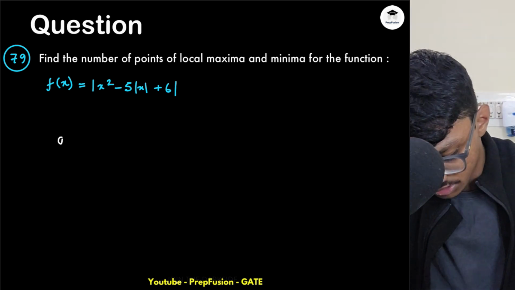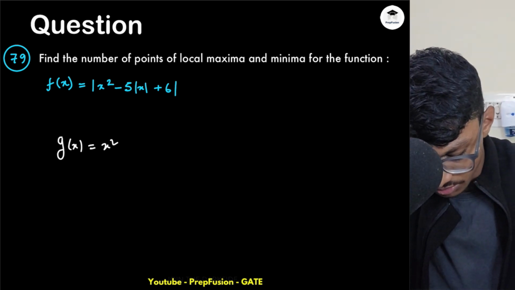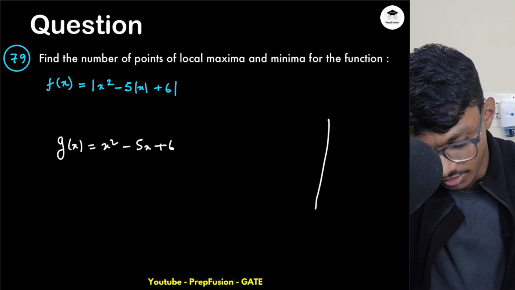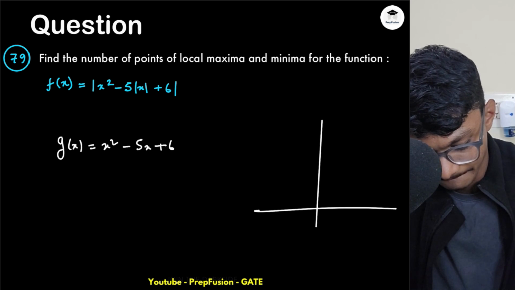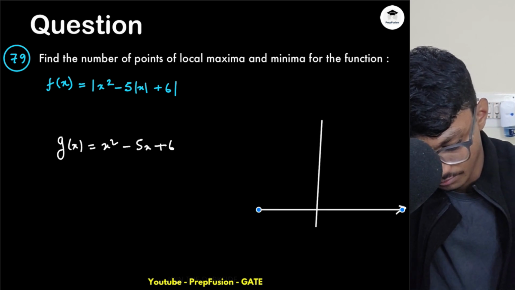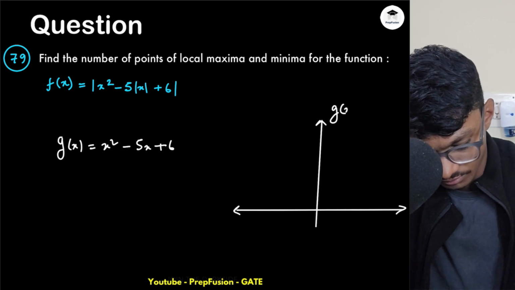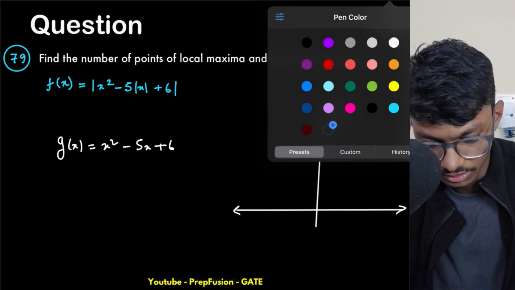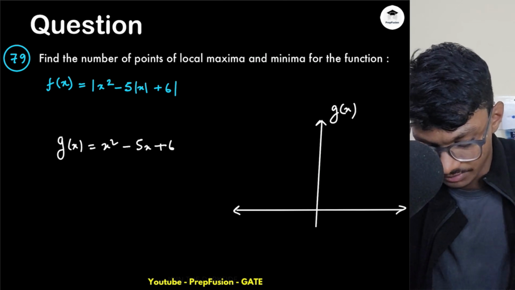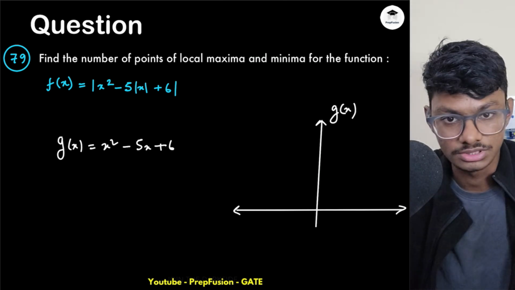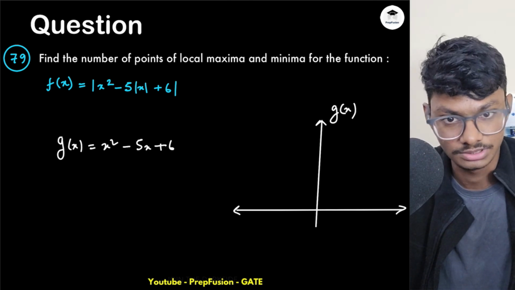I will plot g of x equals x square minus 5x plus 6. If I plot this, it will be something like this: g of x equals x square minus 5x plus 6.